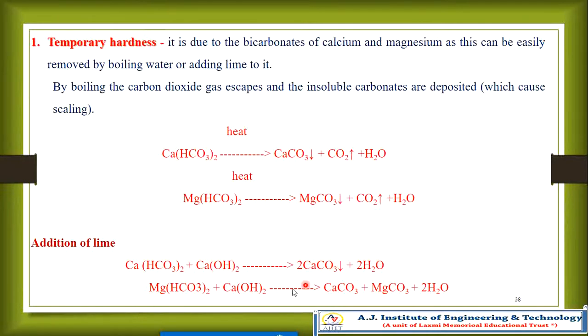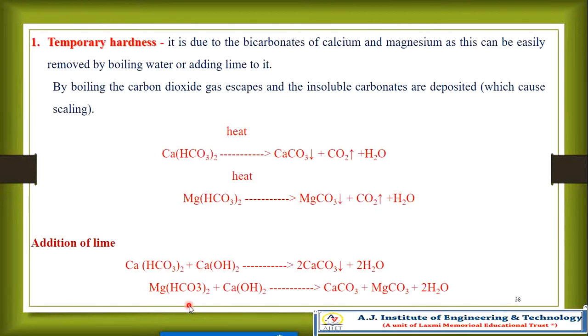So when lime is added, the bicarbonate of calcium, which causes the hardness of the water, is removed. Similarly, for bicarbonate of magnesium with lime, CaCO3 plus MgCO3 plus H2O are formed. I hope you got this equation easily. It is a very simple equation.